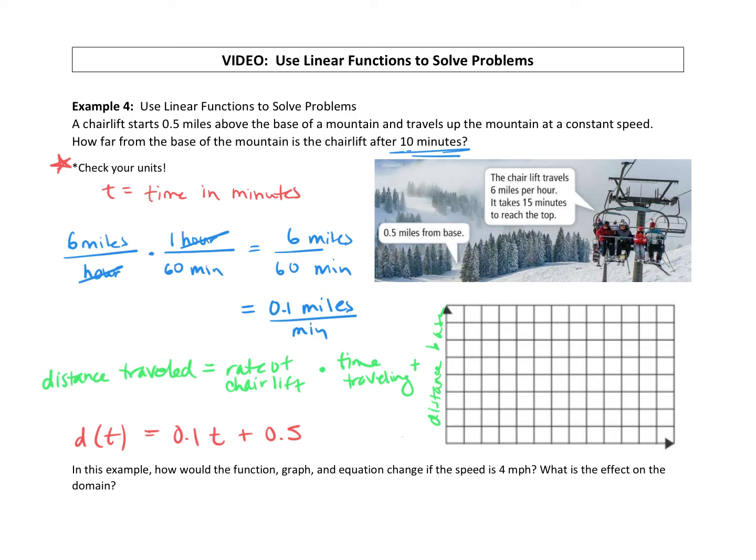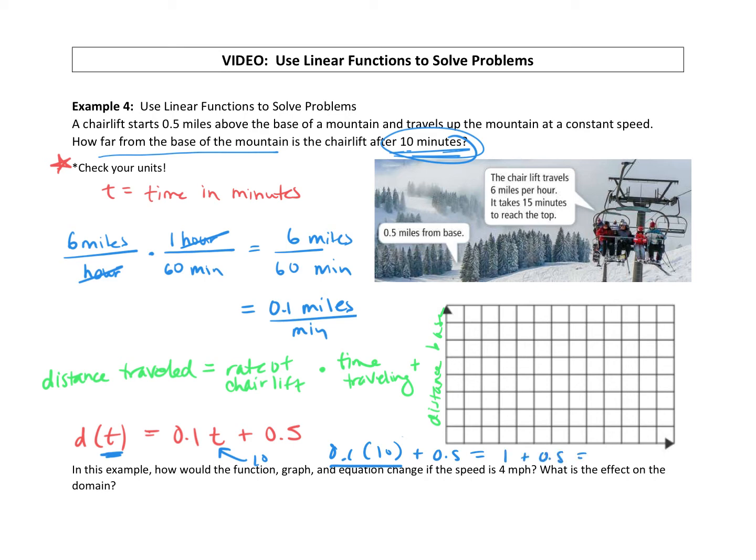Now to answer the question they're asking, how far from the base of the mountain is the chairlift after 10 minutes? They're giving us a time right here. We're going to plug in a 10 for our time. So 0.1 times 10. I totally don't have room, so I hope you guys can follow what I'm doing. Plus 0.5. 0.1 times 10 is 1.